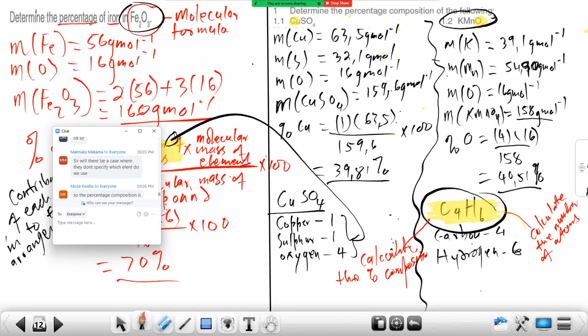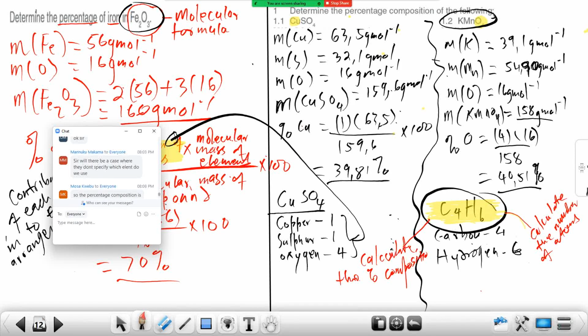Manuku says, sir, will there be a case where they don't specify which element we use? Okay, fine. Manuku, if they don't specify, it basically says you calculate for each and every element that is in that compound. For the case of copper sulfate, I said let's calculate for Cu.